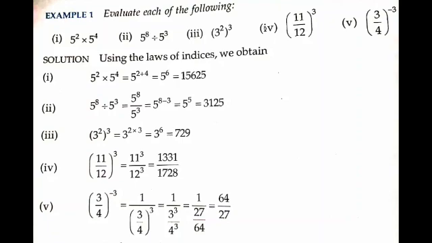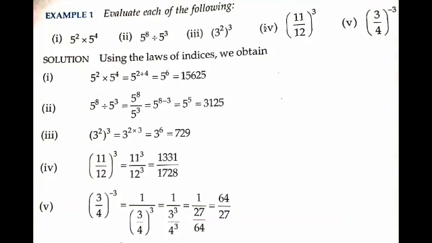15,625. So which law I have used here? A raised to the power m into a raised to the power n is equal to a raised to the power m plus n. That is the first law. In subtopic 2, I have 5 to the power 8 divided by 5 to the power 3.